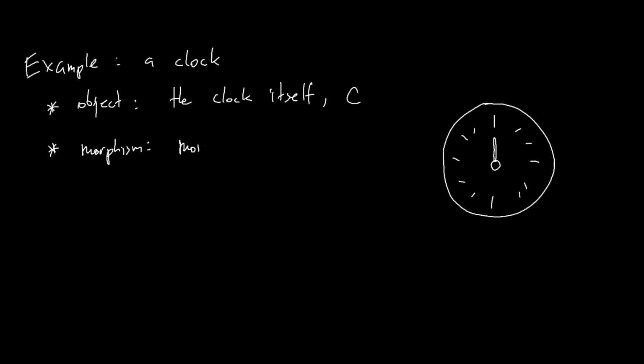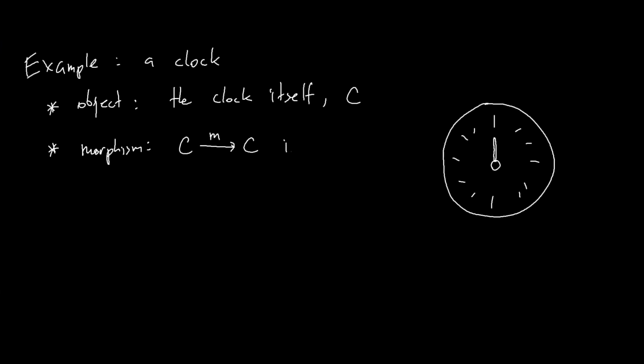So the morphism is, so there's only one morphism, and let's call this M.